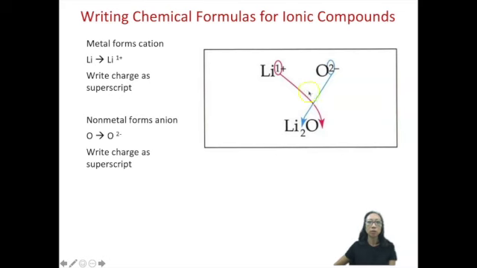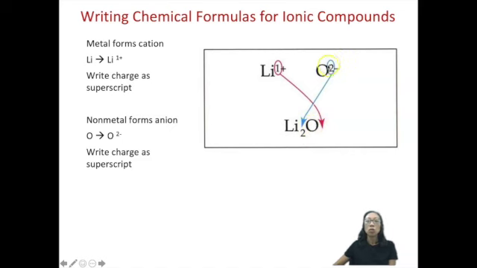Then what you have is what's called the crossover rule, where you cross the number values over and down, number value over and down, so that the number values no longer are superscripts, now they're subscripts, and they also no longer belong to the original atom or the original ion. This lithium, this 1 now belongs to the oxygen as a subscript, and it's not written as a 1 because just having the element symbol means there's 1 of these oxygens.